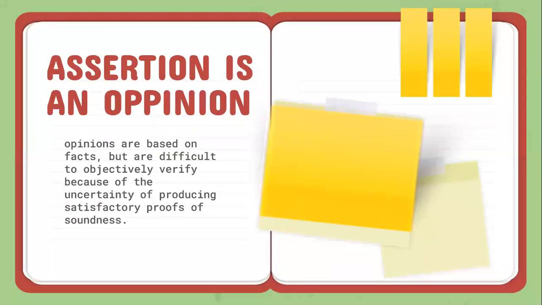For the third type, it is the assertion of opinion. Opinions are based on facts, but are difficult to objectively verify because of the uncertainty of producing satisfactory proofs, or proofs of soundness.